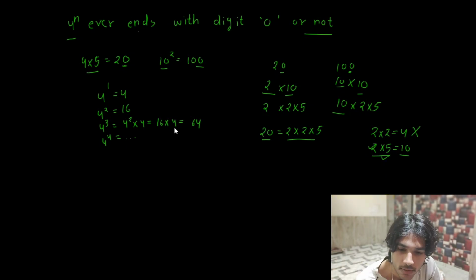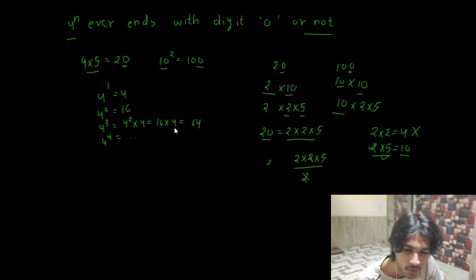So that means for a number to end with 0, when I write its prime factorization, it must have 2 and 5 at least once. And if a number, when written as a prime factorization, has 2 and 5, because 2 divides the right-hand side, I can divide 2 multiplied by 2 multiplied by 5 by 2.